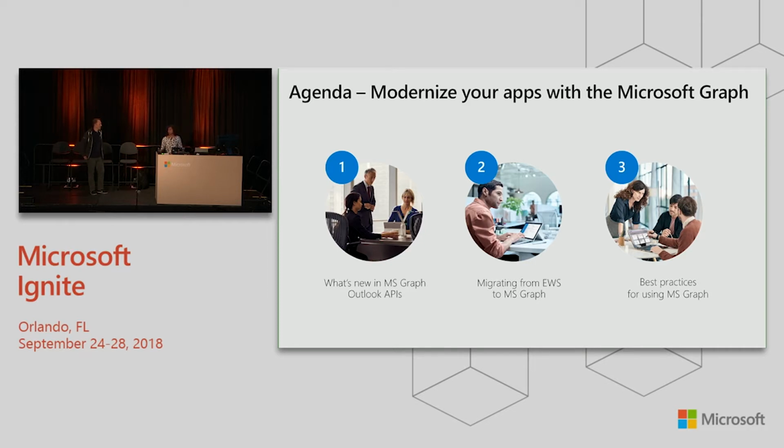And then Tony will walk you through real-world customer scenarios on how to modernize the existing EWS-based legacy applications to integrating with Outlook APIs in Graph. And then finally, I will talk about a few best practices that you can use when you're modernizing your applications using Graph. So with that, let's jump right in.